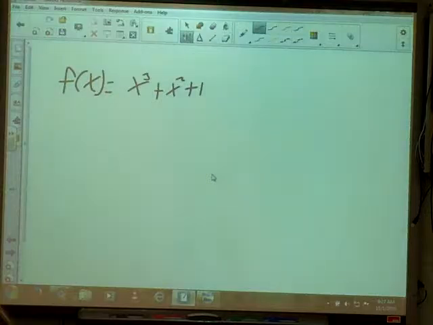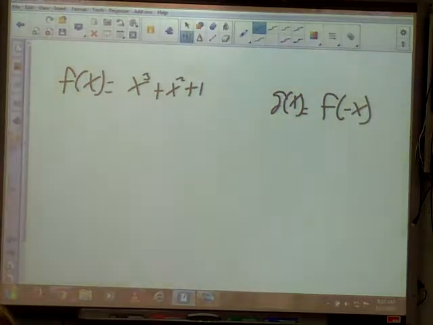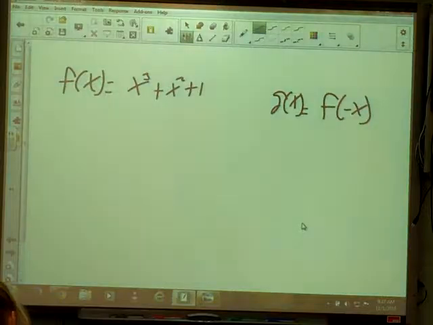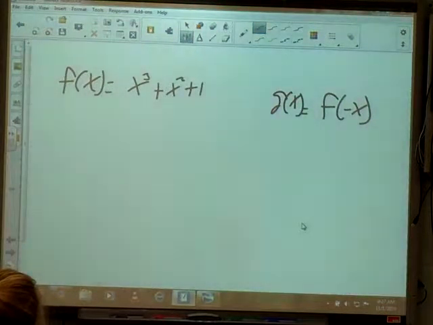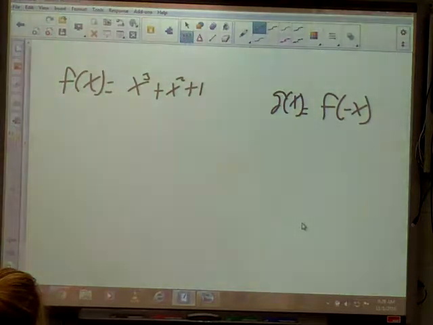It wants us to have g of x be f of negative x. Okay, and we've got to write the function for that. So first off, if g of x is f of negative x, what are we doing to it? Reflecting. Reflecting it where? Over the y-axis. So we're taking this graph and reflecting it over the y-axis.